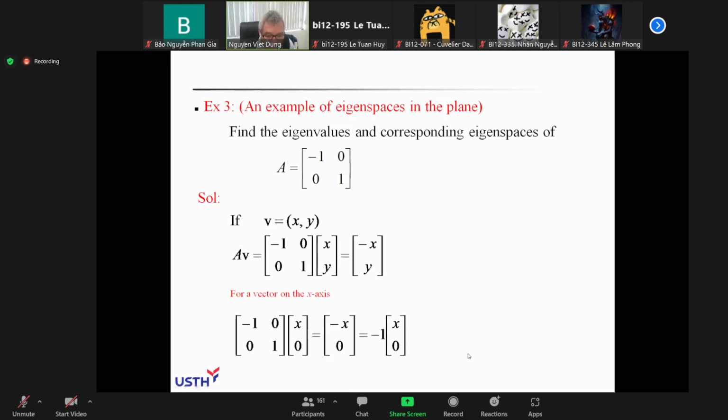So because of that, the number -1 is an eigenvalue of A, and that will be an eigenvector. Any vector lying on the x-axis will be an eigenvector, except when x is 0, because at that time the vector becomes 0, and 0 is not an eigenvector.